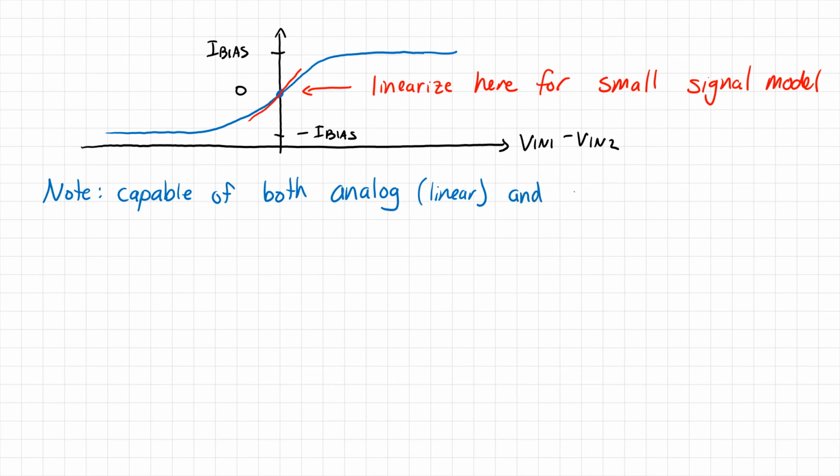And it also works across digital applications in the nonlinear regime. Because if Vn1 minus Vn2 is very large, then we're basically getting one very specific value of current, and if it's very negative, then we get the opposite value of current. So it's kind of a 1, 0, or plus 1, minus 1, kind of operation. So again, in subthreshold, the differential current of a diff pair is basically just a tangent function.